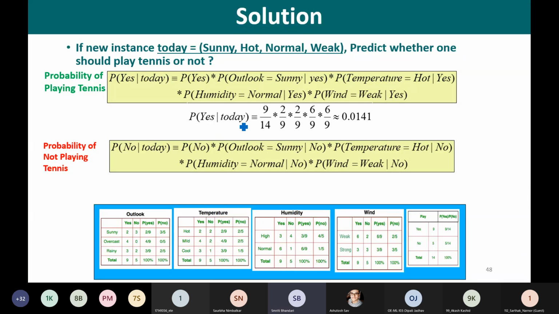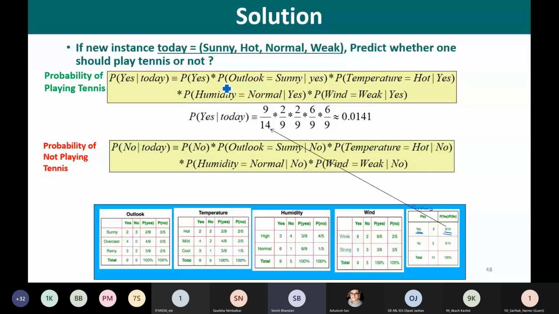So the probability of yes given today equals the probability of yes. What is the probability of yes? These are the class probabilities, so the probability of yes is 9 divided by 14. We have that value substituted over here.